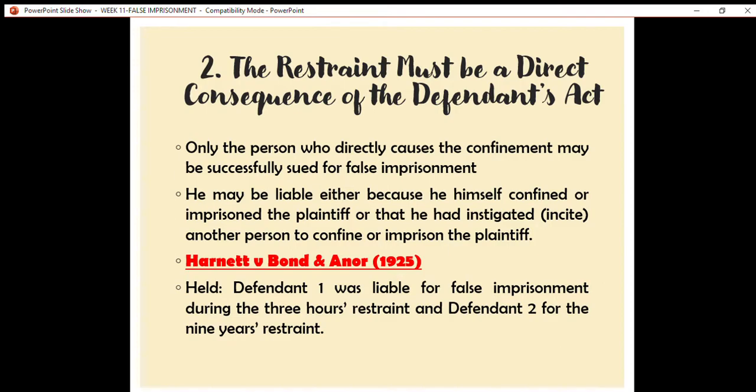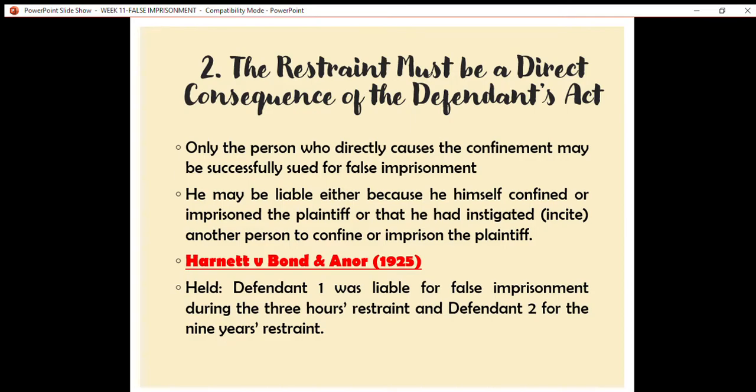So they give 1 month's leave to the plaintiff, but defendant 2 has authority to call the plaintiff back if he thinks that the plaintiff is still unsound.